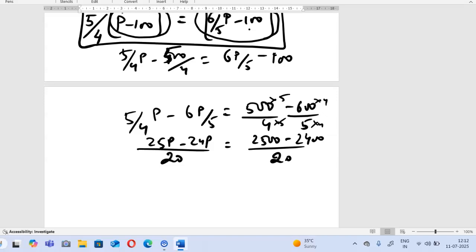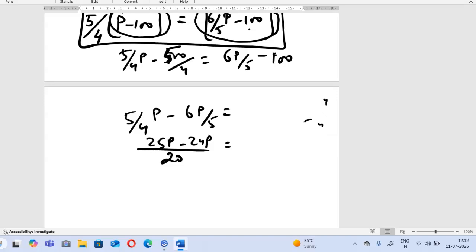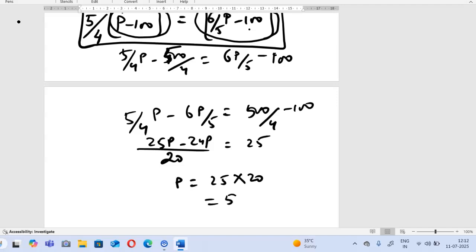So 5 by 4P minus 6P by 5 equal to 500 by 4 minus 100. 500 by 4 is 125. 125 minus 100 is 25. So P is 25 times 20, that is 500 rupees. So the original principal amount is 500 rupees.